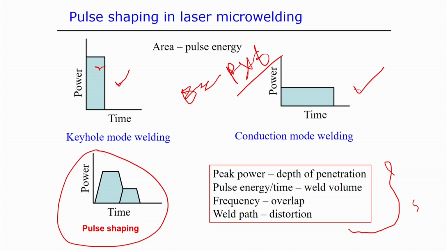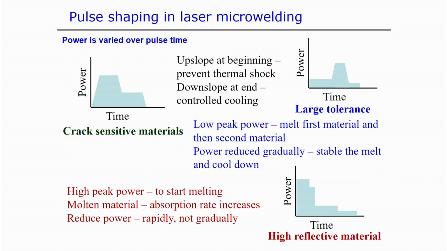For example, here the shape of the pulse is complex in nature, maybe a combination of triangular shape, rectangular shape or some other shape. That shape has a certain influence on the welding process. So, let us try to understand what the shapes of the pulse are and what types of materials we can weld in this case.